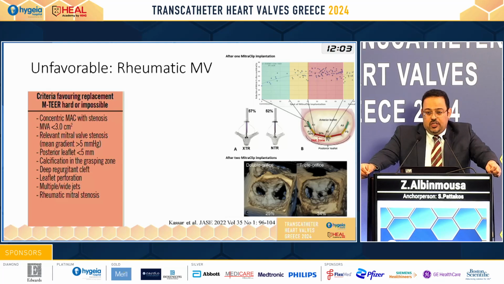If you add one more clip, you will end up with a further 25 to 34% reduction in the mitral valve area. So clearly you don't want to treat a patient with a mitral valve area less than 3 centimeters square.